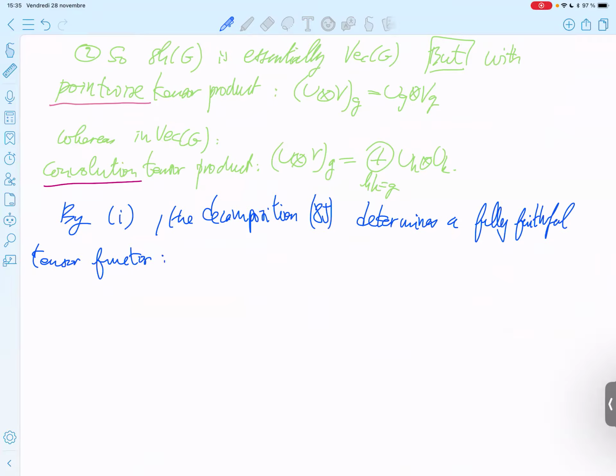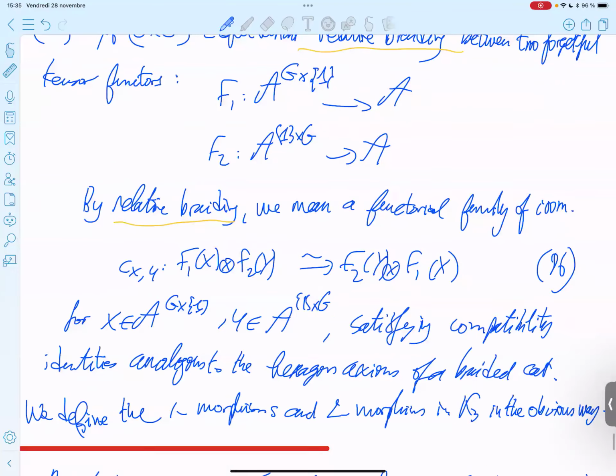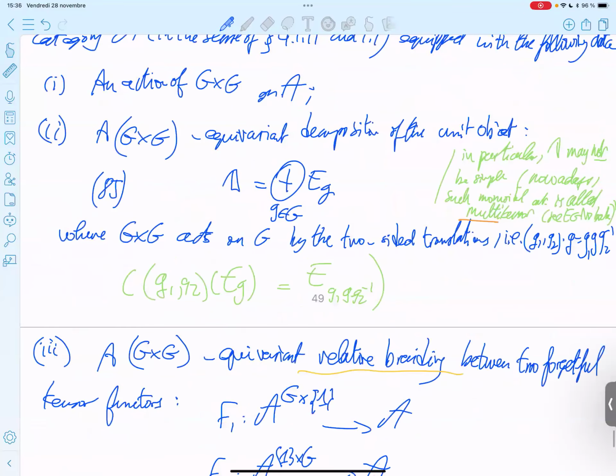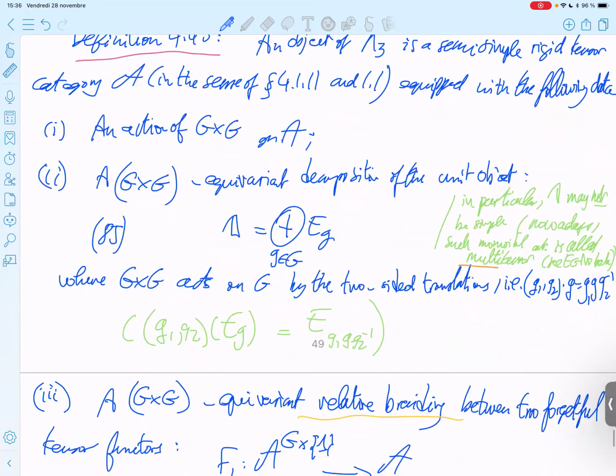So this is denoted 87. So an embedding from sheaf to the category A. So remember A, what is A? A is an element of K3. So a category satisfying all that.